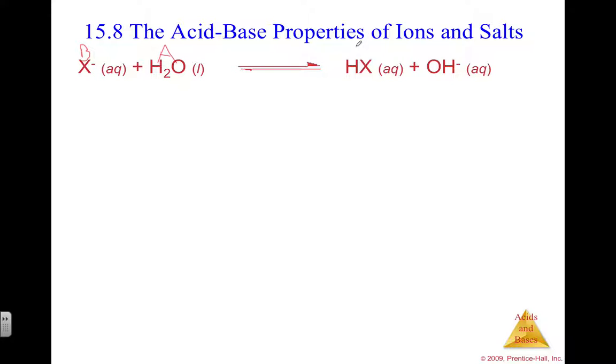Then HX would be the conjugate acid, because I have the base accepting a proton to make the conjugate acid. The acid losing an H plus, an H plus donor, makes the conjugate base. So here's an example of how an anion specifically can act as a base.